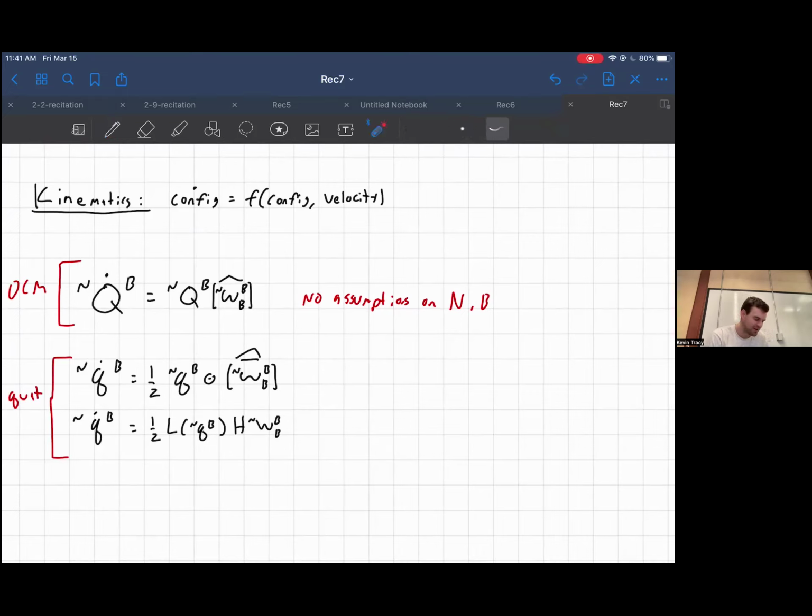Okay, and this half is interesting. It comes from the double cover thing we talked about. Zach likes talking about double cover: the idea that every single attitude is covered by two quaternions, q and negative q. So the space of available orientations is actually covered twice by quaternions, because each attitude is described by two unique quaternions. So that's in a way where this one half comes from.